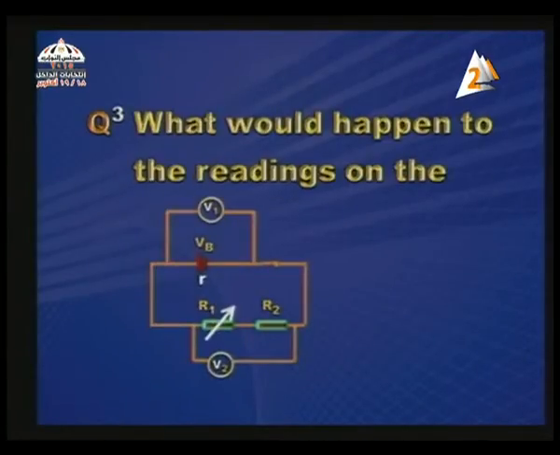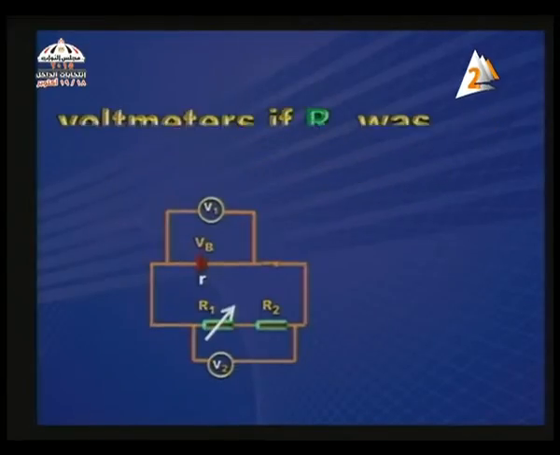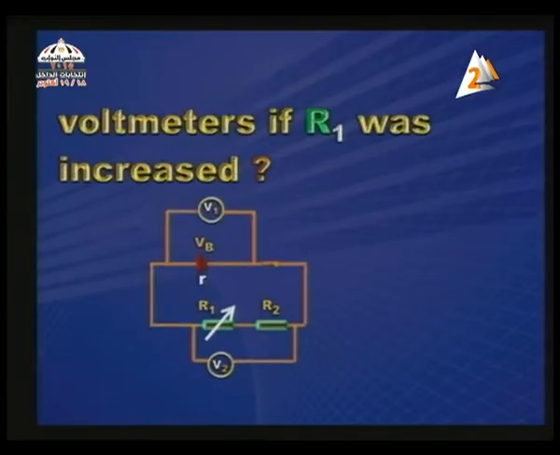Another question, what would happen to the readings on the voltmeters if R1 was increased? Okay, your attention here. There is something interesting here. V1 and V2 read the same voltage. V1 reads the terminal voltage and V2 reads the terminal voltage. So both of them have the same reading.